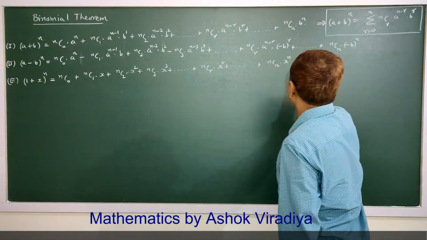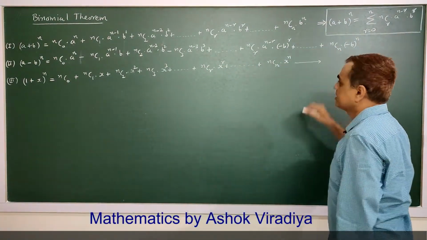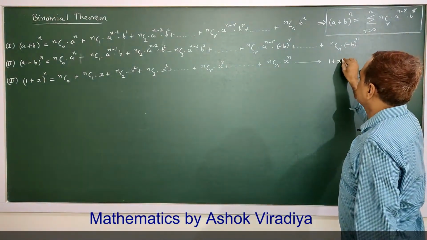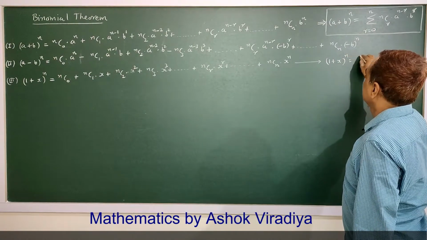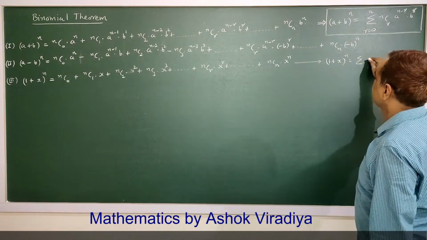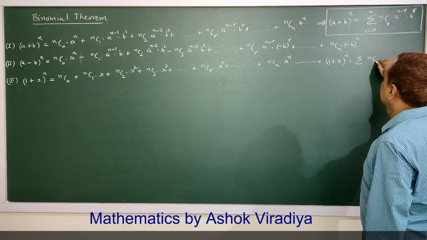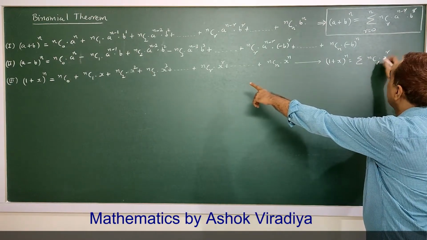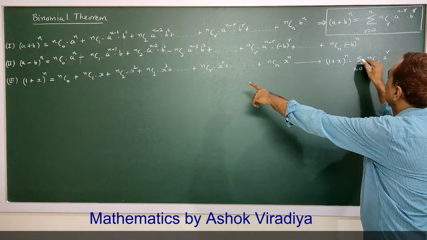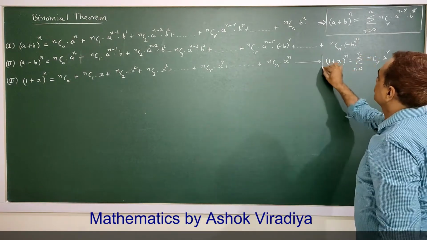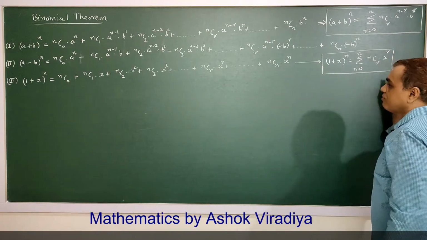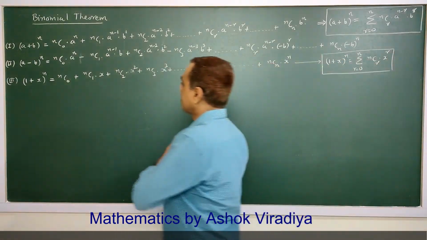And the short form of this can be written as (1 plus x) raised to n is sigma nCr x raised to r, r is 0 to n. So this is the short form of this expression in sigma form. It can be written this way.